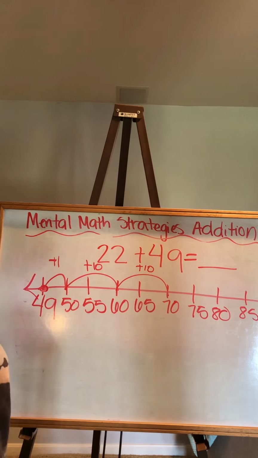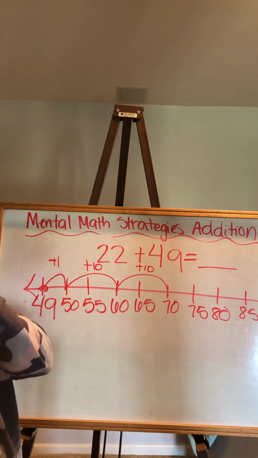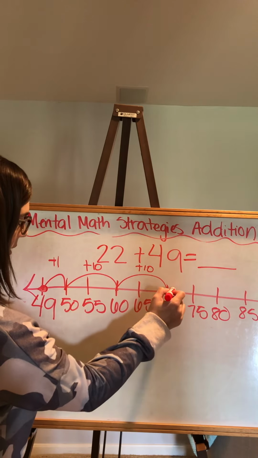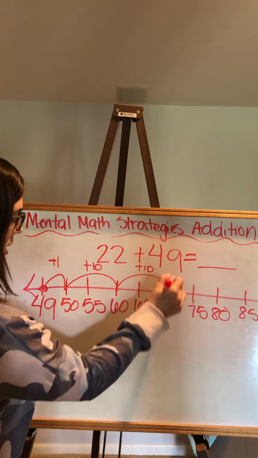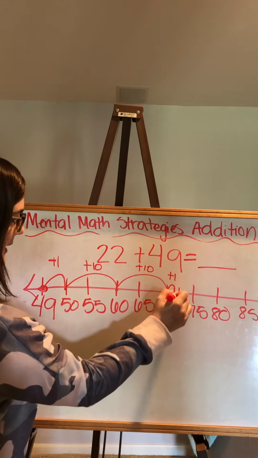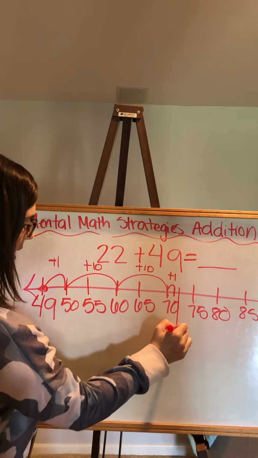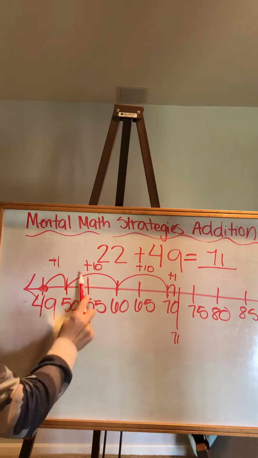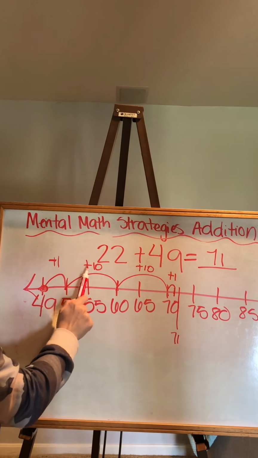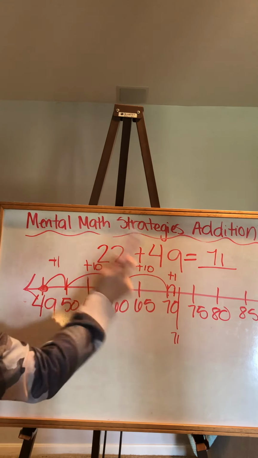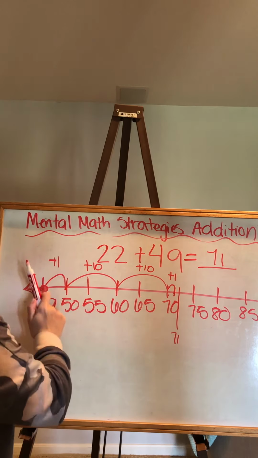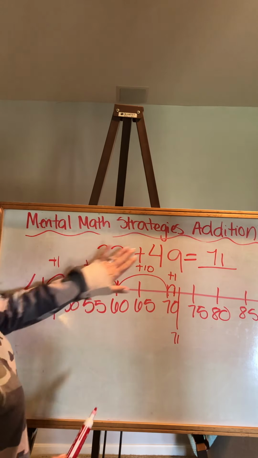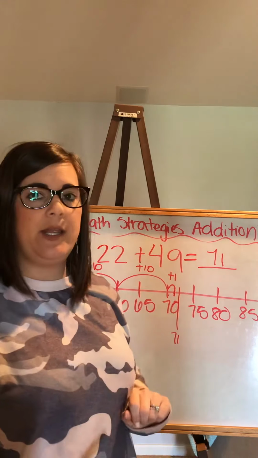We're trying to get to 22. So let's jump 1 more. So 70 plus 1 more is 71. And to check your answer, you can add your numbers up here: 10 plus 10 is 20, plus 1 is 21, plus another 1 is 22. So 22 plus 49 is 71.